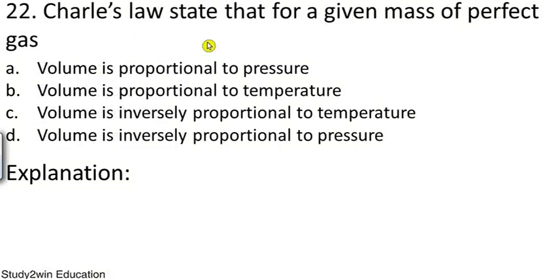Next question. Charles' law states that, for a given mass of perfect gas, volume is proportional to pressure, or volume is proportional to temperature. We have three gas laws: Boyle's law, Charles' law, and Gay-Lussac's law. Boyle's law says that pressure is inversely proportional to volume when temperature is kept constant.